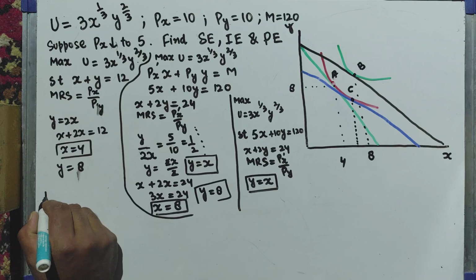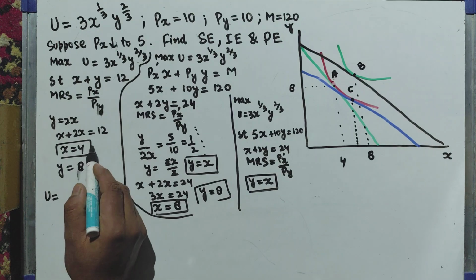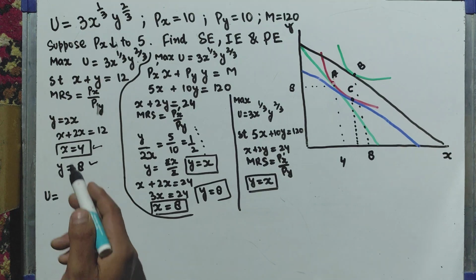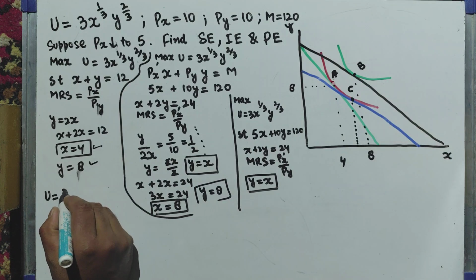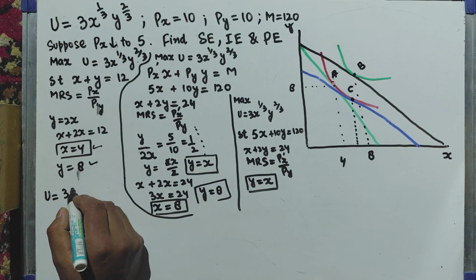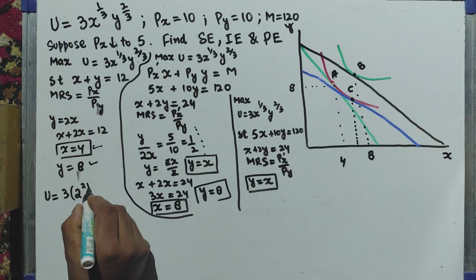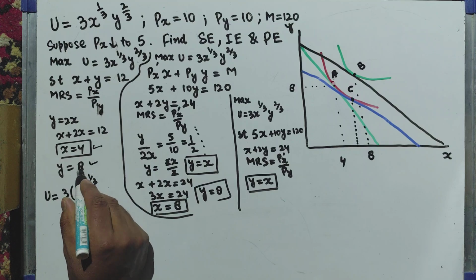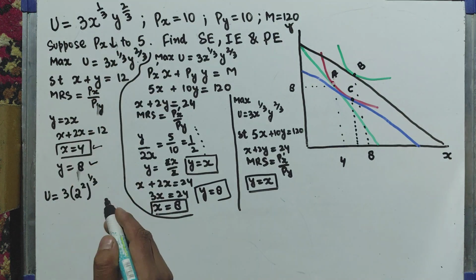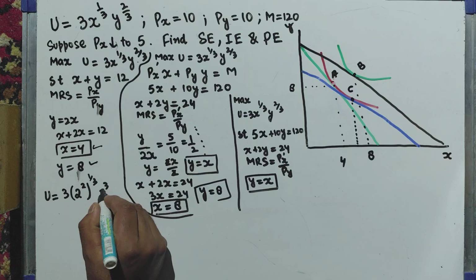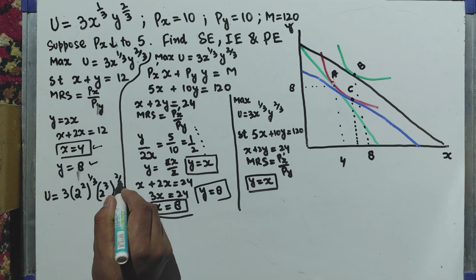That will be u is equal to, so initially x is 4, y is 8, plug the values here. So we have 3, x is 4, that means 2 square in place of 4, raised power 1 upon 3. In place of y we have 8, I can write 2 cube whole raised power 2 upon 3.